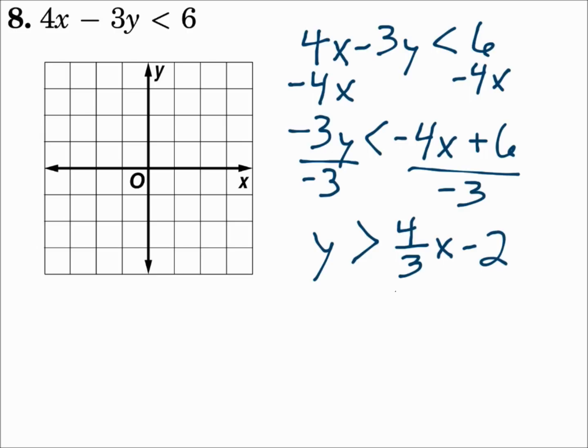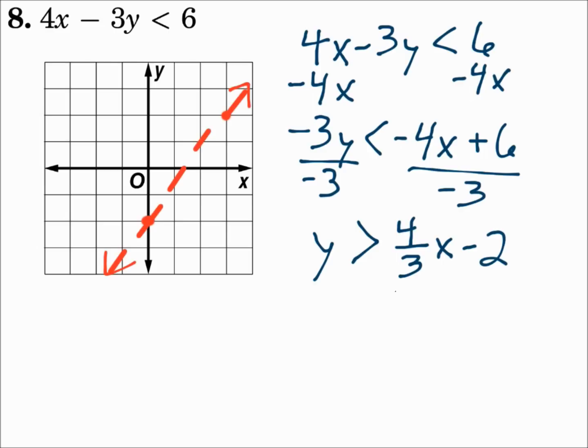Start at the y-intercept, which is -2. From there, use the slope to rise over run. The slope is 4/3, so we'll rise 4, run 3. That'll go up 4, right 3 to a point right there. Y is not equal to this, so it's a dashed line.